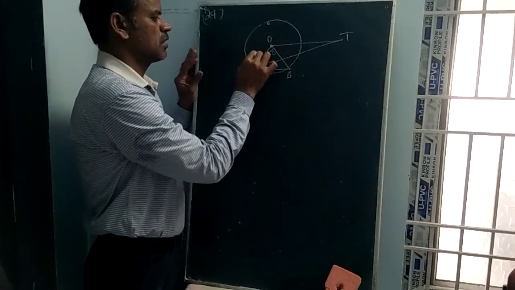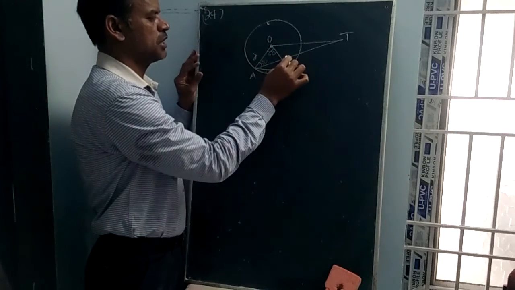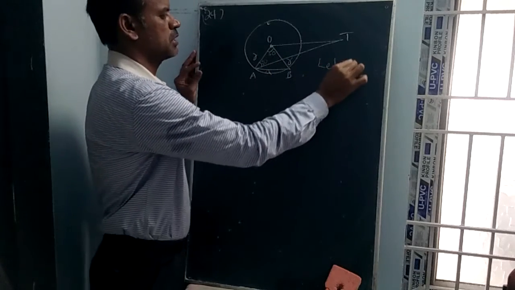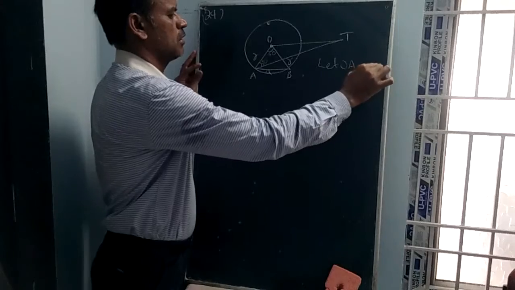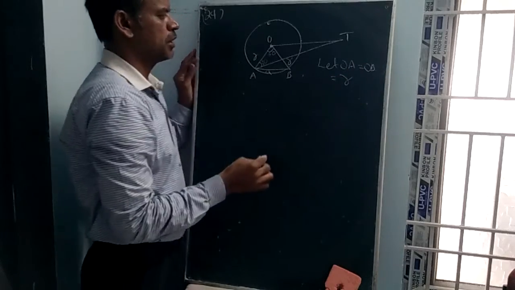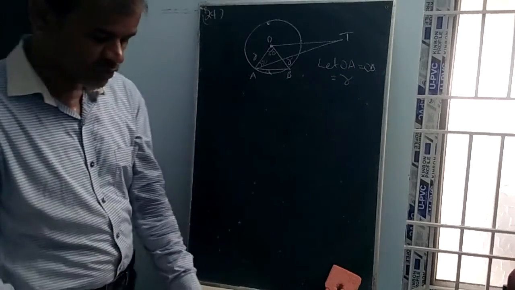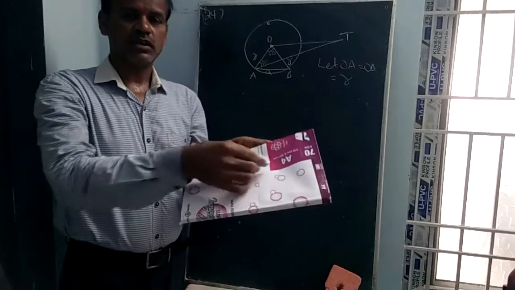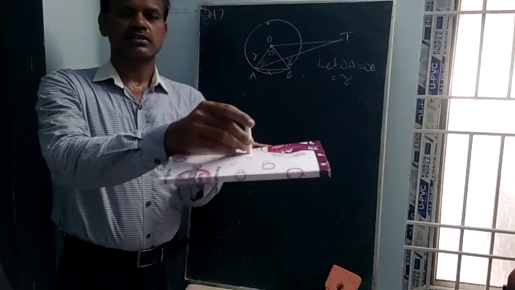Let us draw OA and OB as radius of the circle. Let OA equal to OB equal to radius R. You can understand here, this is a three-dimensional geometry concept. Here a circle is there, and in the center the tower is there.